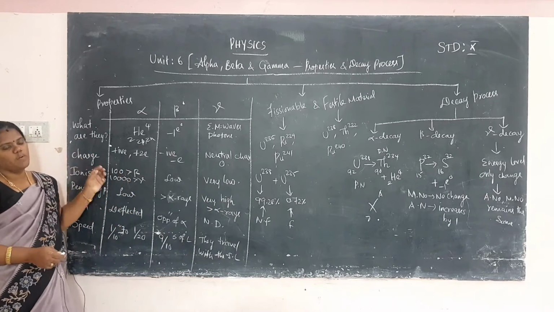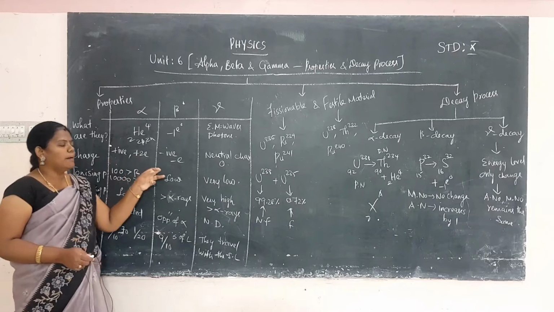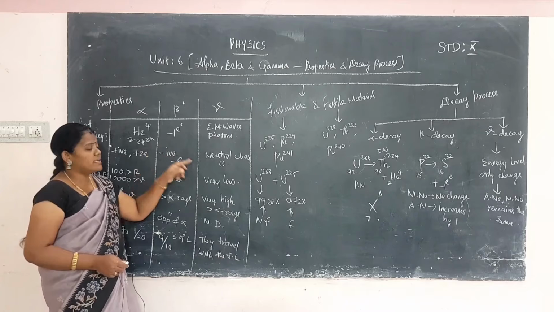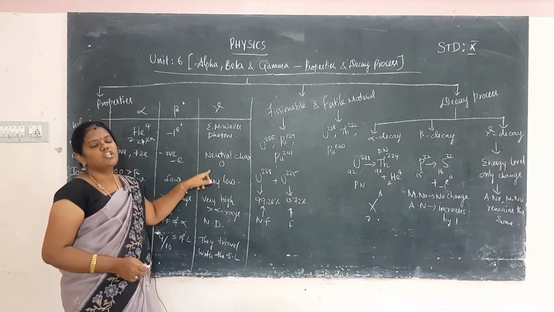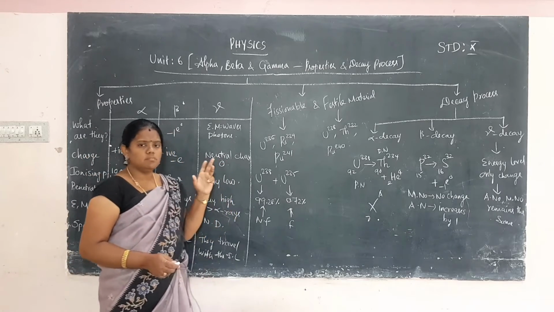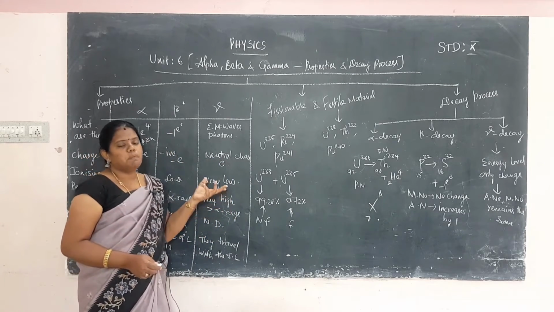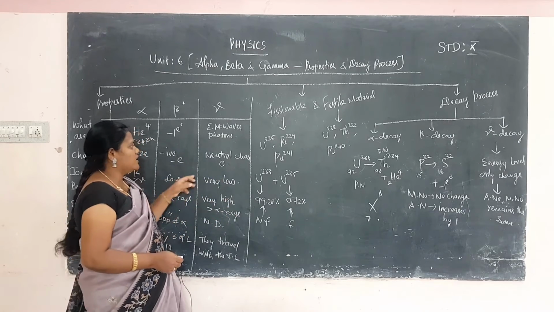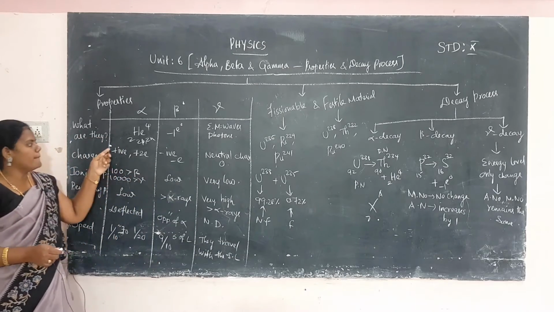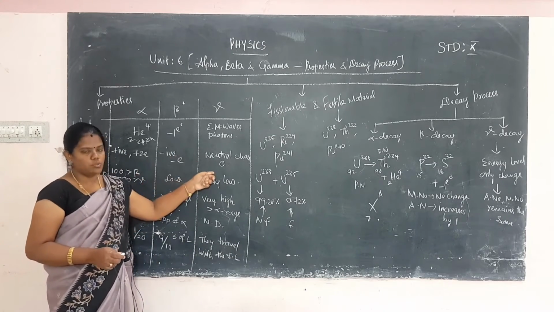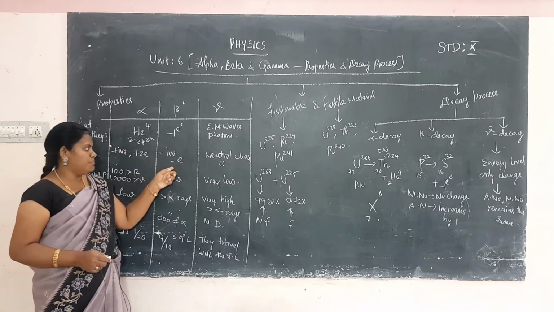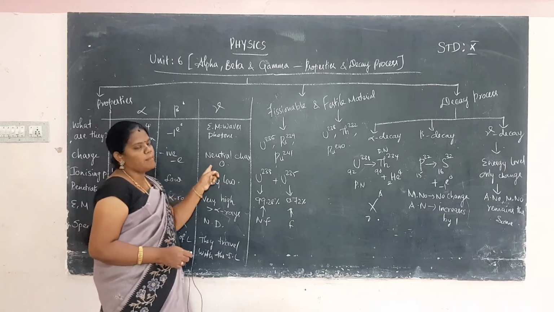The beta particle always has a negative charge, written as -e. The gamma particle has a neutral charge, meaning neither positive nor negative charge, so the charge is 0. So alpha is positive charge, beta is negative charge, and gamma is neutral. The charge of alpha is plus 2e, of beta is -e, and of gamma is 0.